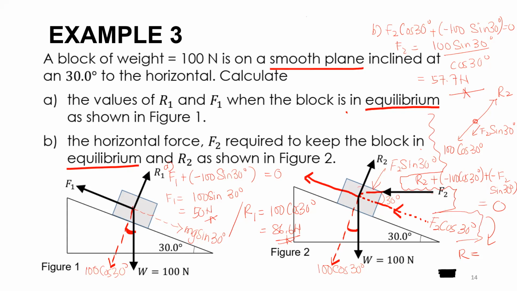So R should be, what is the R value? At least the last one you have completed. What's the R value in this case? Is that the same as the R1, which was 86.6? Can you please calculate this value for R2? Come on, students.